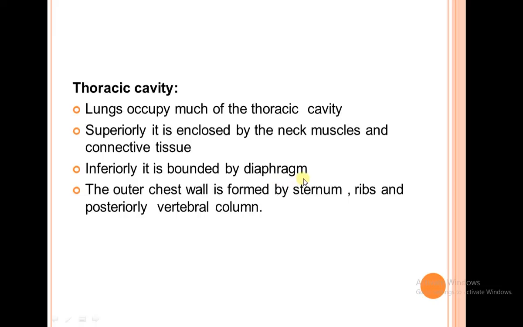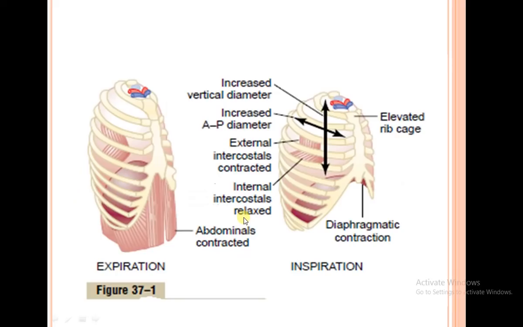The diaphragm is the muscle of inspiration. While the outer chest wall of the thoracic cavity is formed by the sternum anteriorly, ribs, and posteriorly the vertebral column. So these are the boundaries of the thoracic cavity. Here you can see in this diagram, superiorly there are neck muscles and the connective tissue closing this cavity.